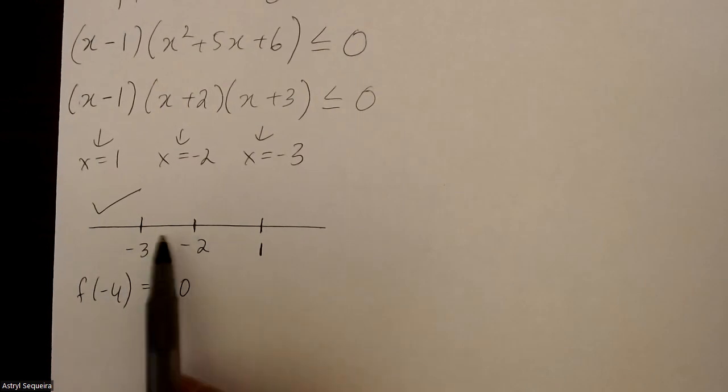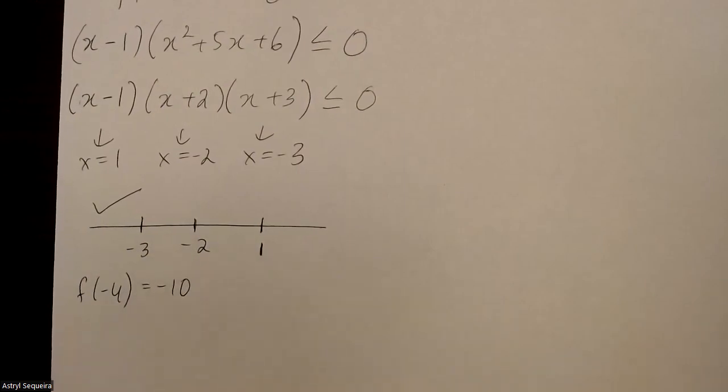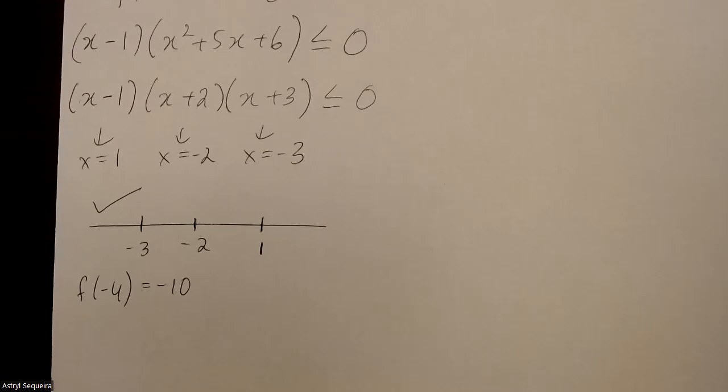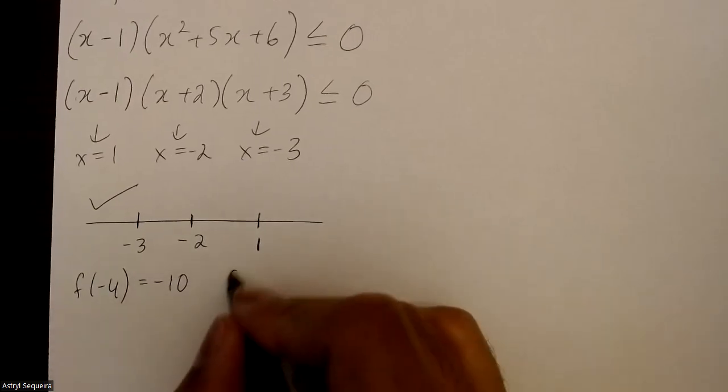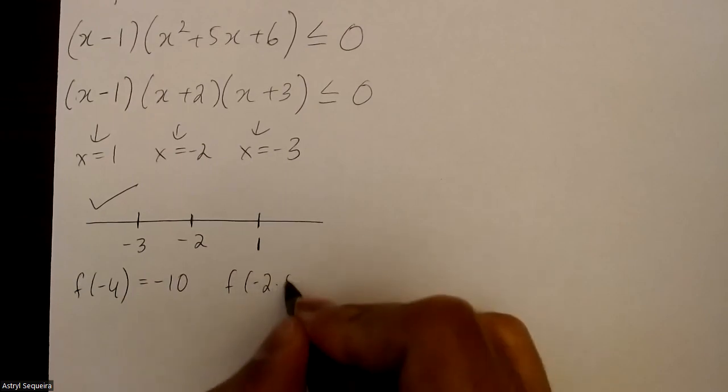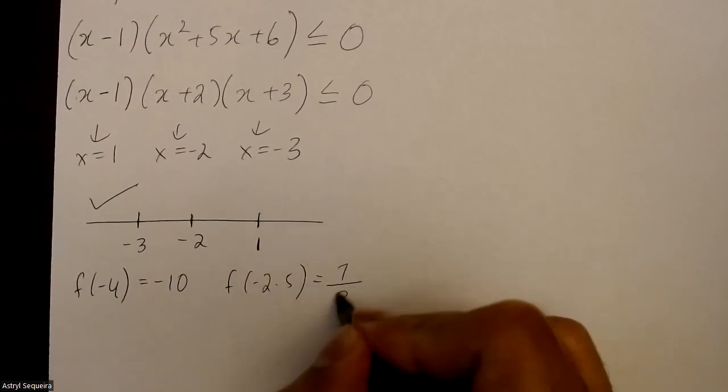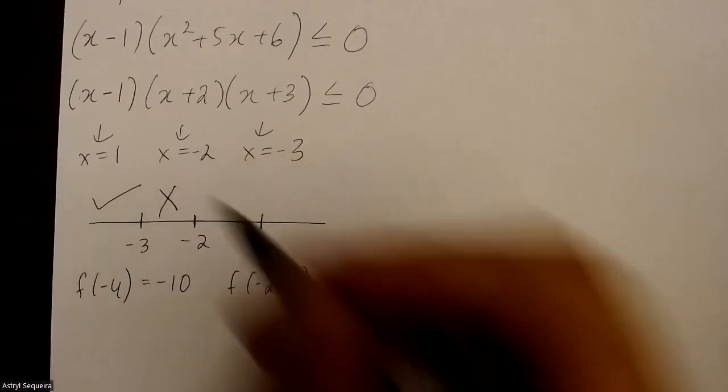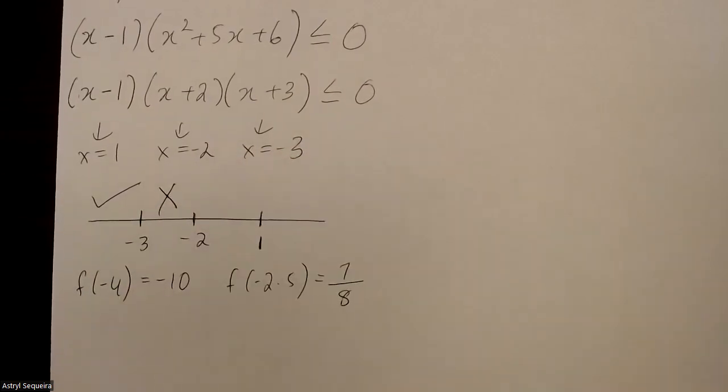I'll pick a value between these two. I'll pick negative 2.5. And I get f of negative 2.5 is 7 over 8, which is not less than 0. I'll pick 0 next.